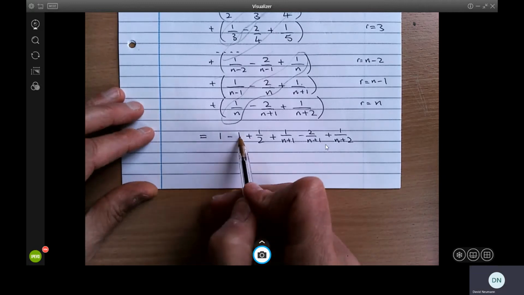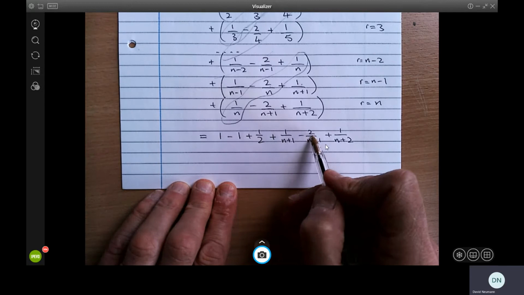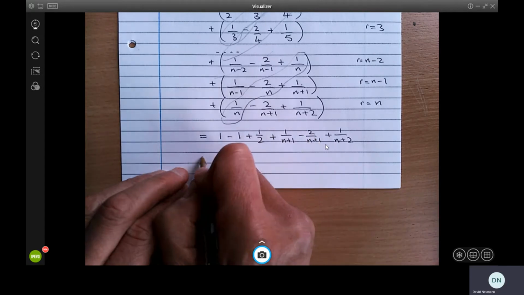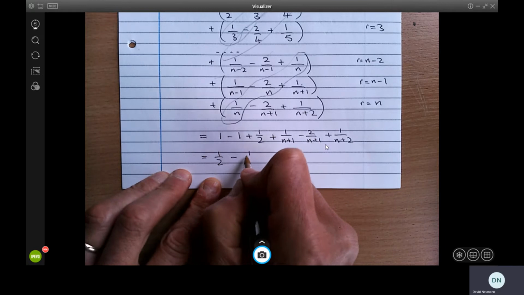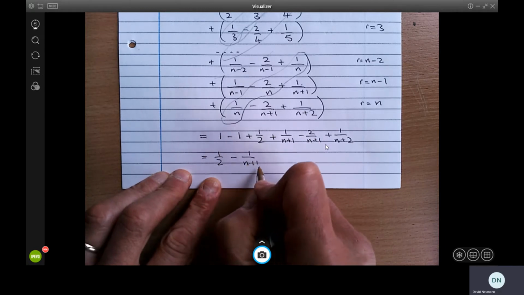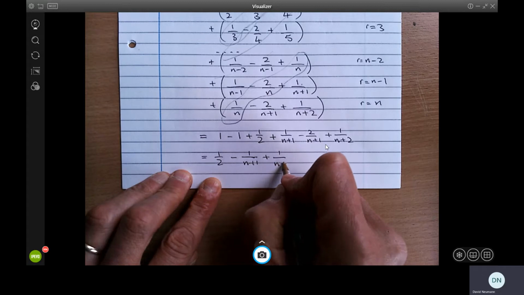So the 1 minus 1 cancels, so we've got a half. This is 1 over n plus 1 minus 2 over n plus 1, so this is a half minus 1 over n plus 1 plus 1 over n plus 2.